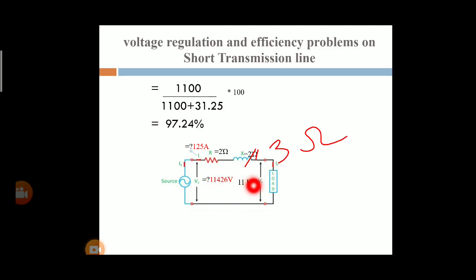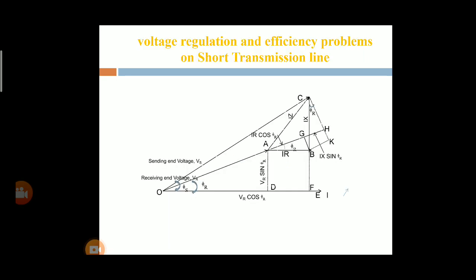Then the receiving end voltage is reduced. This is the equivalent circuit diagram of a short transmission line.